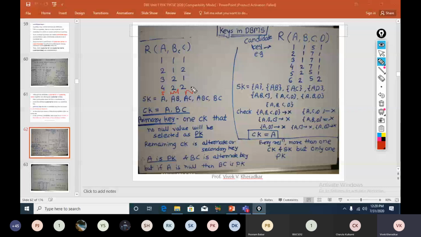So null means the value is not present. If you have 5 rows, definitely what is your primary key? Definitely it is A. BC is not your primary key because BC has a null value. You want a primary key with a non-null value. So that's why A is the primary key.